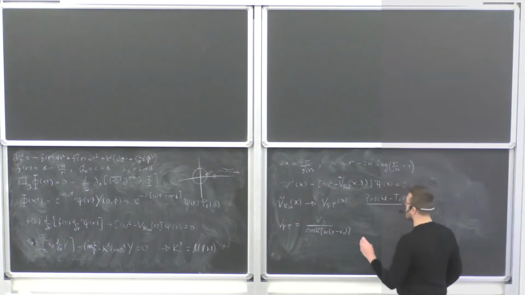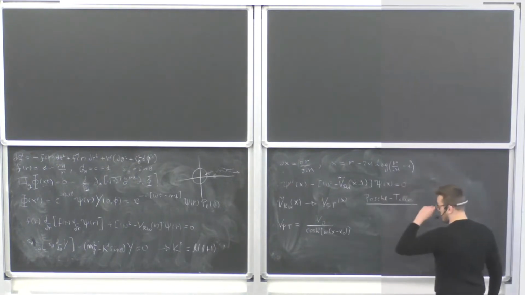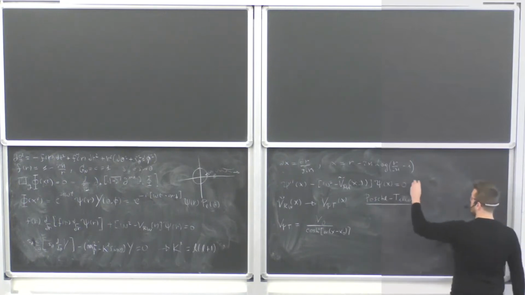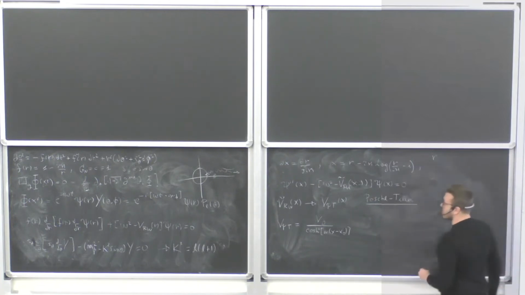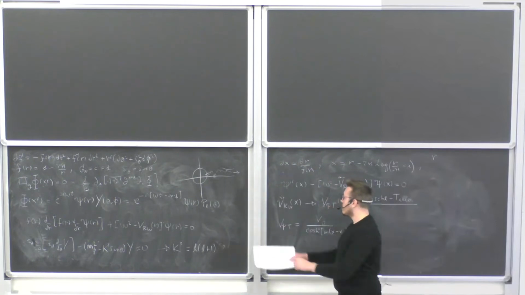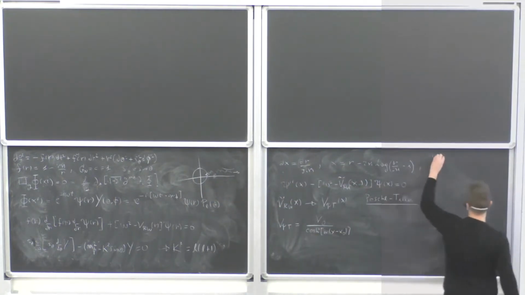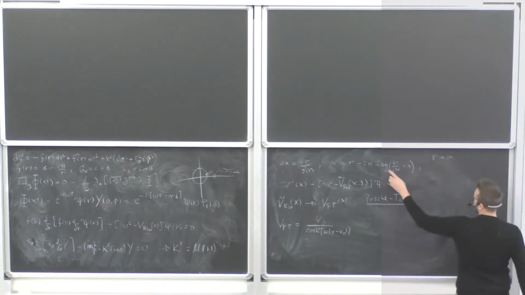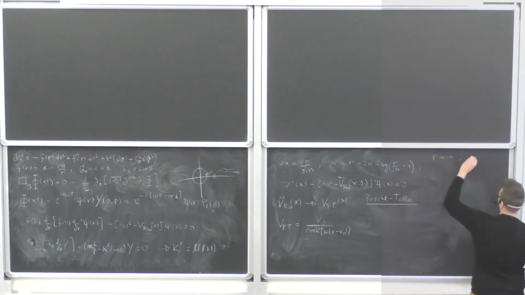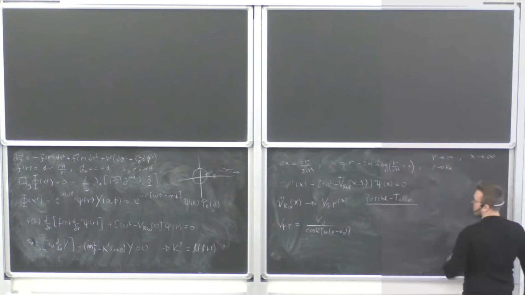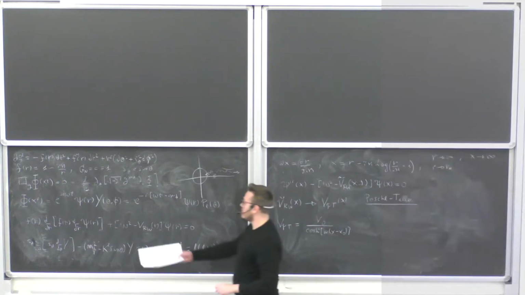Okay, so the nice feature of this tortoise coordinate, aside from bringing the differential equation into canonical form, is that they map the interesting locations here. So we're interested in infinity and the horizon. So when r goes to infinity, we still have x that goes to infinity. Whereas when r goes to the horizon, which you can see here, is the location of the singularity.